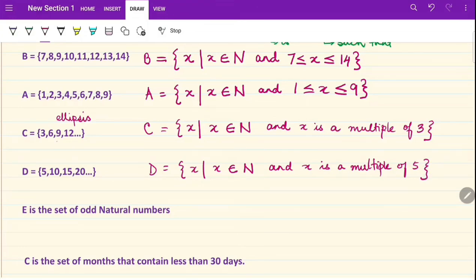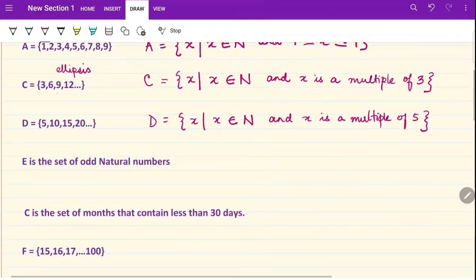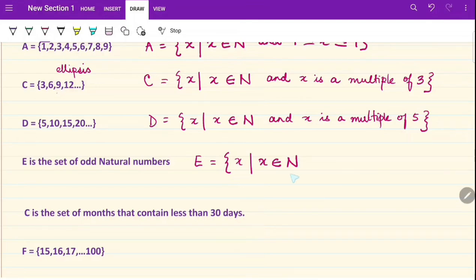All right, so the next one is E is the set of odd natural numbers. Again, follow the same notation, E equals or E is, and then open curly bracket, X such that X is a member of the set of natural numbers.